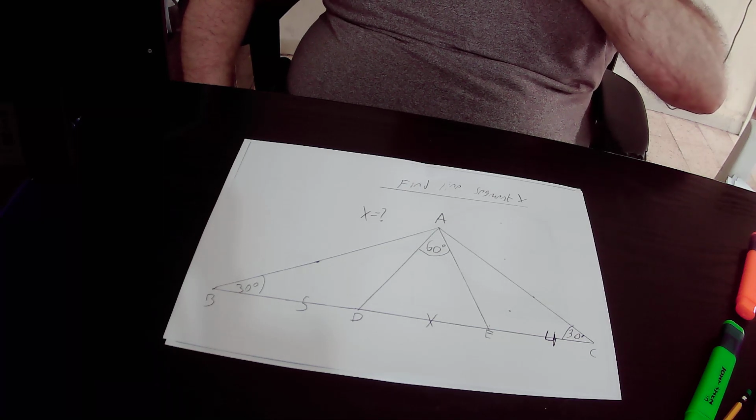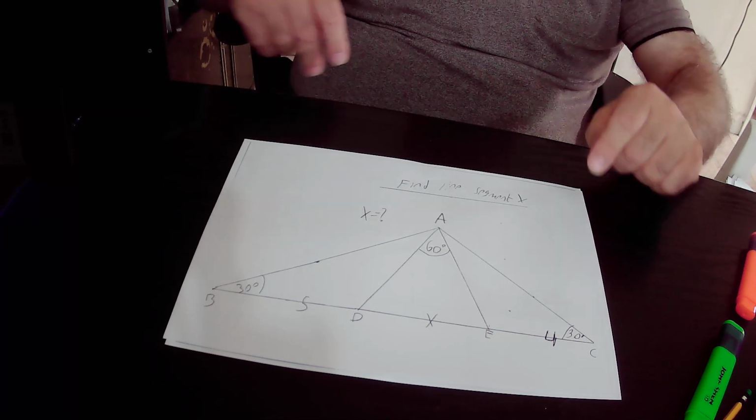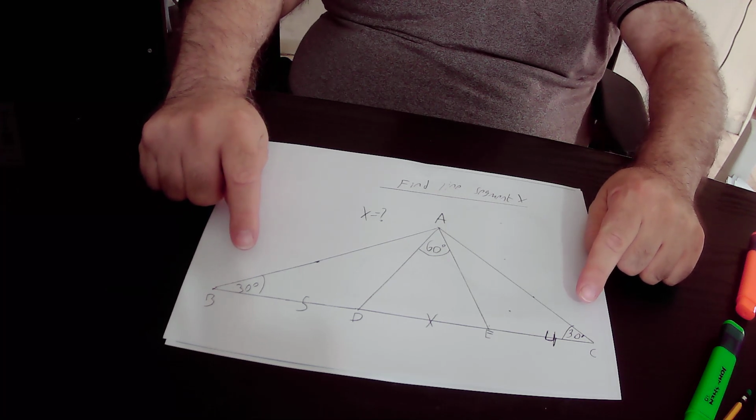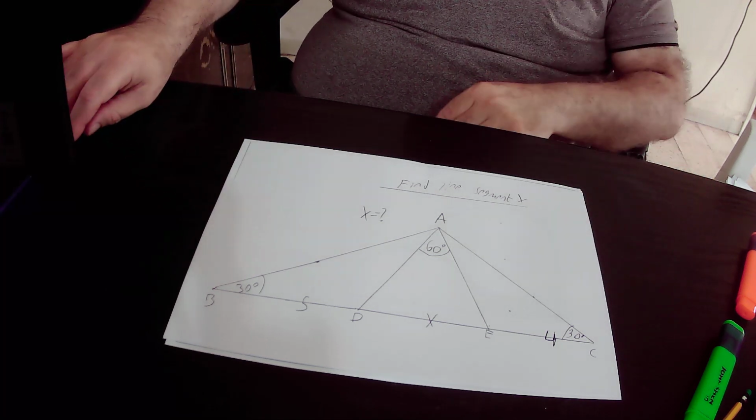Okay, so first of all we focus on triangle ABC. In triangle ABC, those two angles are equal to each other. So I write it down.